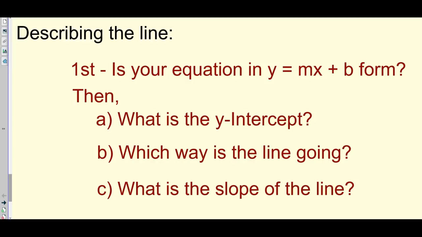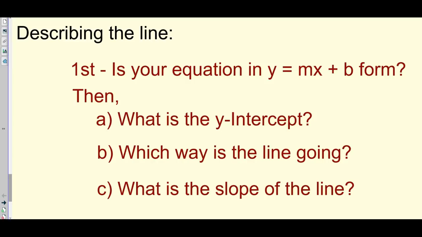Now, if they give you the equation and it's in y equals mx plus b form, then do the following in regards to what the question is asking you. A, describe what the y-intercept is. Where does it cross the y-axis? Look at your choices in your answer. B, which way is the line going? Is it positive?